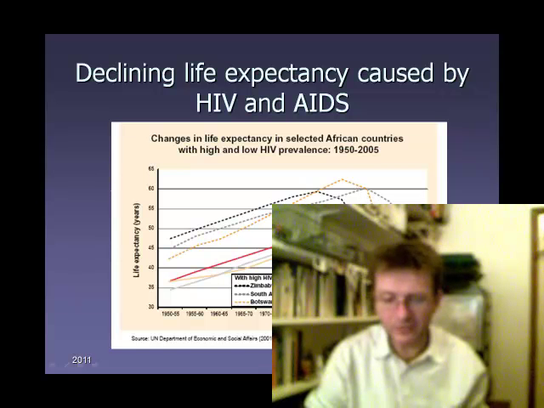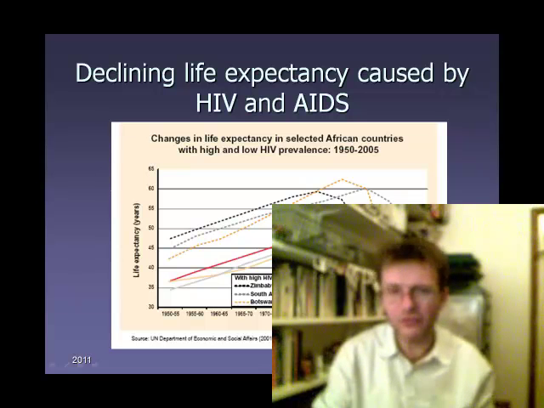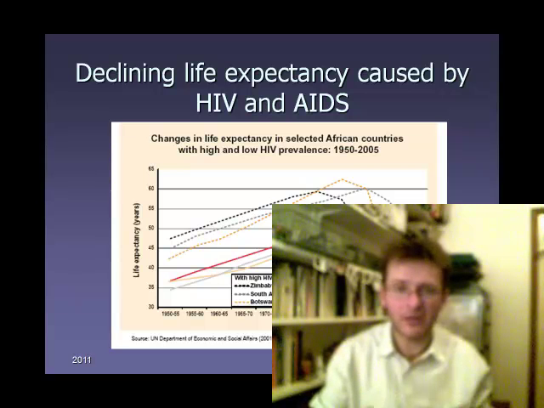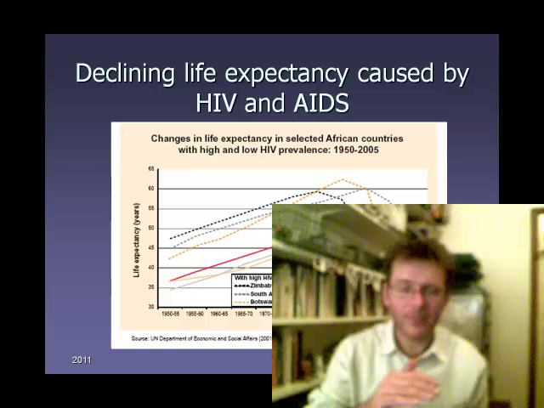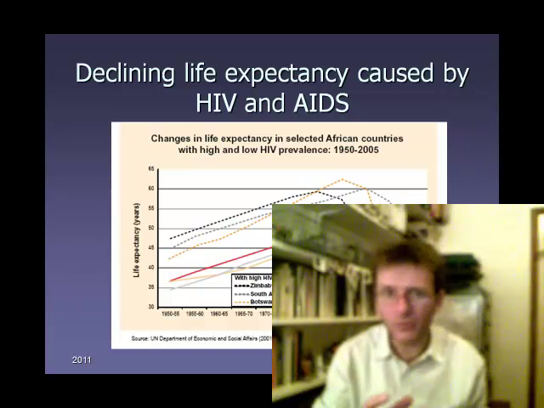We can see life expectancy dropping, going down, down, down, all the way to around 37 by 2000 to 2005. And that is the effect of HIV. Life expectancy at birth declines because young adults are dying in large numbers between the ages of 20 and 40 because of HIV.